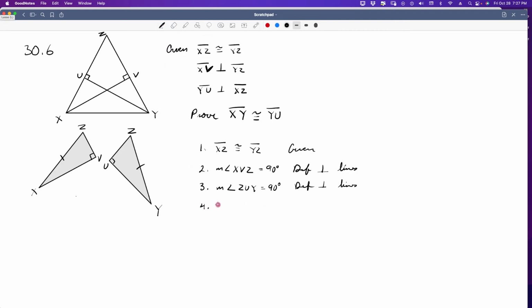So I would just say angle XVZ is congruent to angle ZUY. And that is going to be: all right angles are congruent. Okay, so there's that.